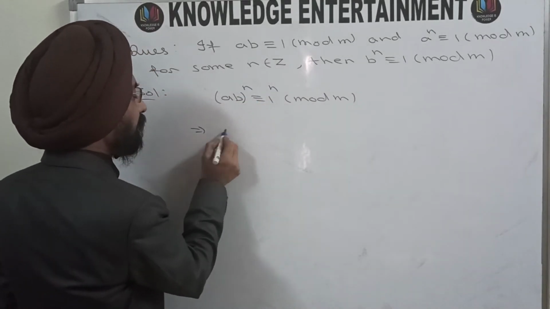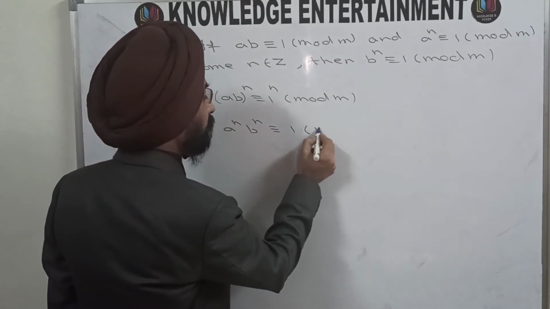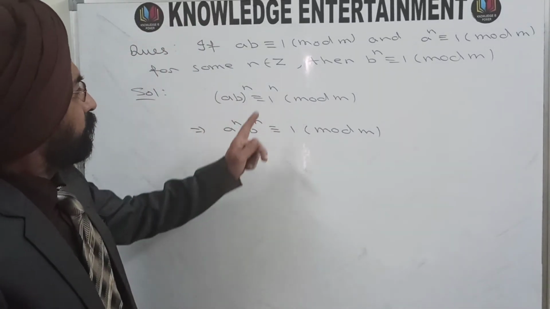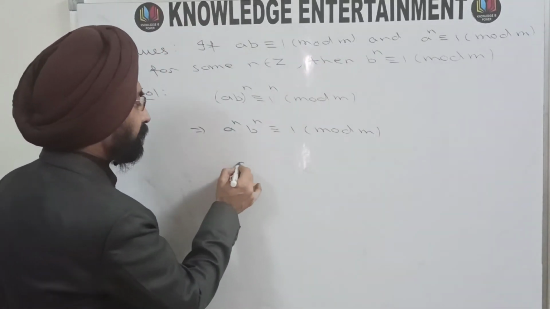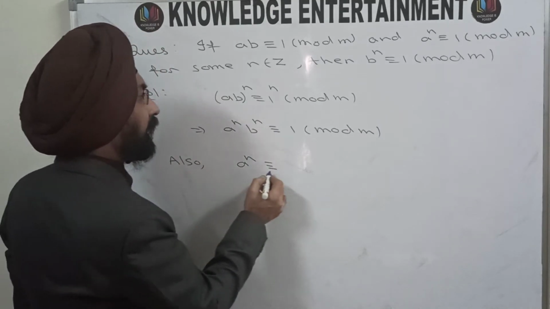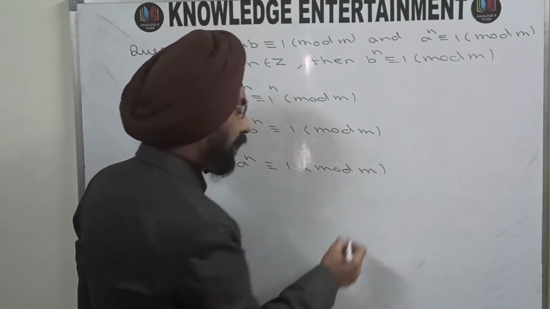This means a power n, b power n is congruent to 1 modulo m. Also, we are given that a power n is congruent to 1 modulo m.